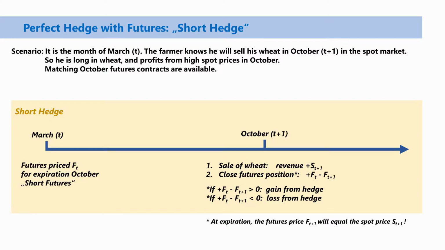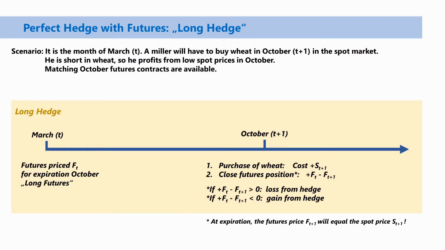So in this case, we see it's F T plus 1, but that's actually the same price as the S, because there cannot be a difference. But if F T is higher than the spot price or the futures price in that moment, he gains. In the other case, he loses from the hedge.